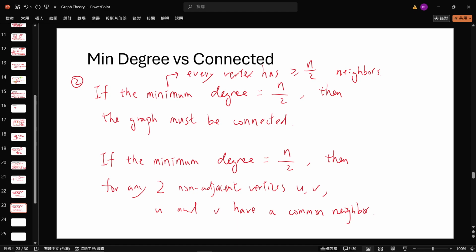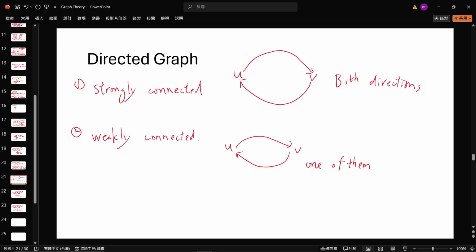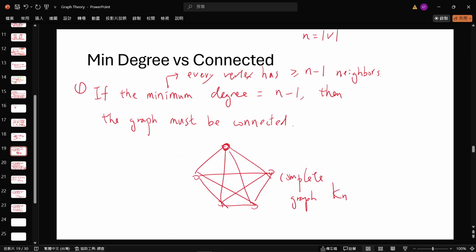Or a different way of seeing this is: for this graph, what is the shortest path distance between any two vertices?